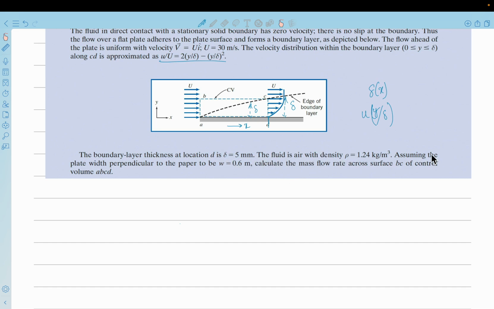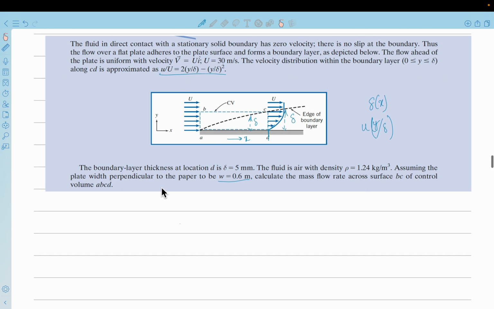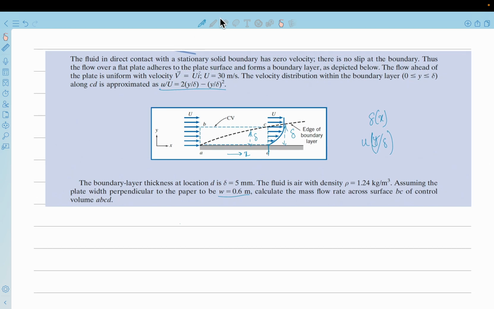The fluid is air. Assuming the plate width is perpendicular to the paper, into the paper, you have some width of 0.6 meters. We have to calculate the mass flow rate across the surface BC of the control volume ABCD. Now first let us understand what is happening over here.